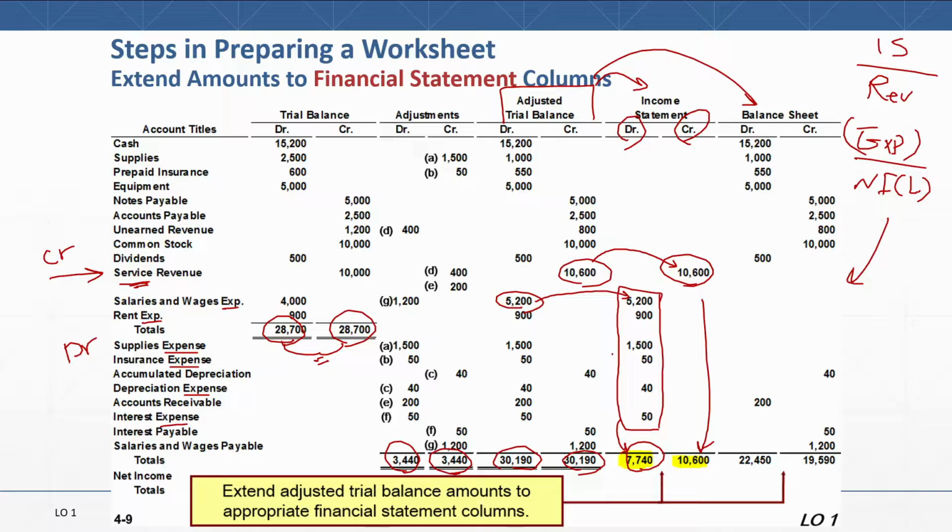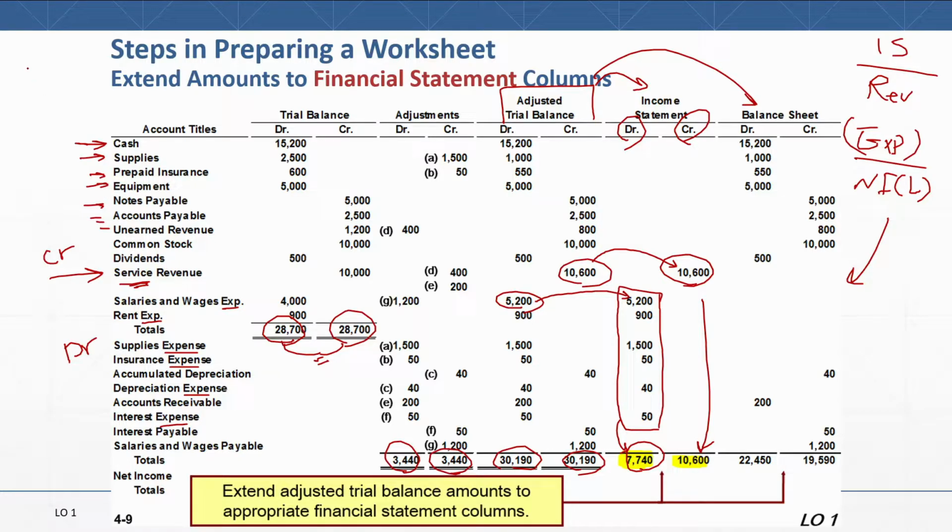But before that, let's also transfer our balance sheet accounts to the balance sheet column as well. And then we move to our next step. So as you can see, the balance sheet accounts, including assets, cash, supplies, equipment, prepayments, payables, they are all balance sheet accounts, right?